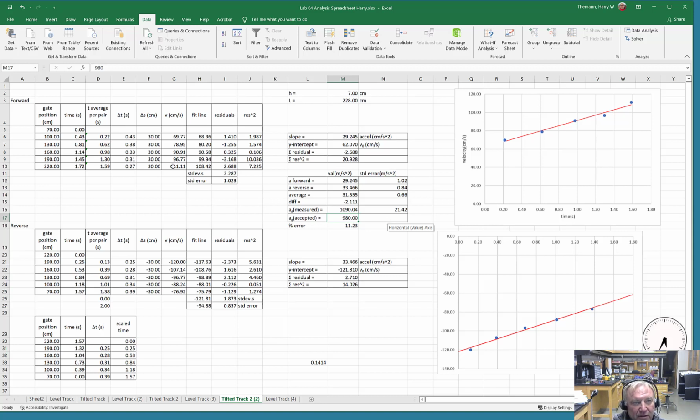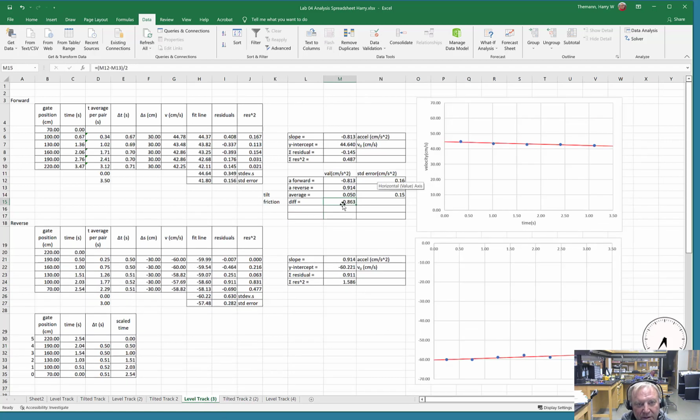So now, if we use the average value, all that's in there now is the acceleration due to the residual tilt, because that way we eliminate the effect of the friction by taking the average value.